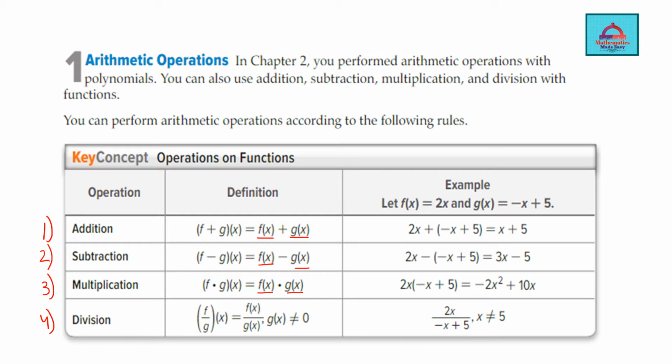The important point on division is that the denominator cannot be 0, because then the function will not be defined. So the denominator is not equal to 0. This is an important condition. The function g of x which is in the denominator, which is dividing, should not be 0. So these are some examples for the functions.